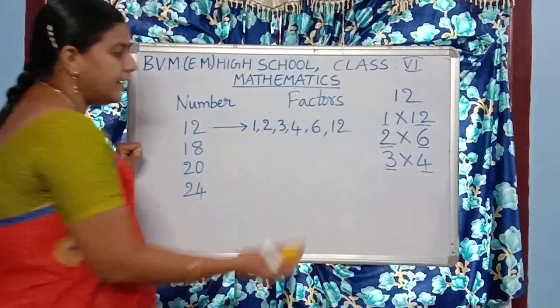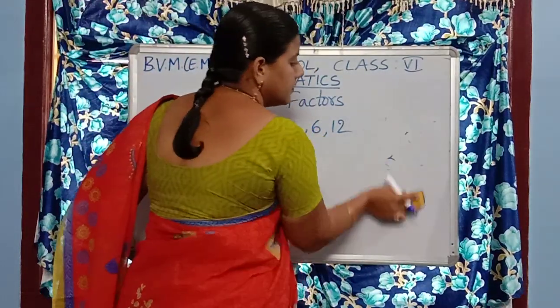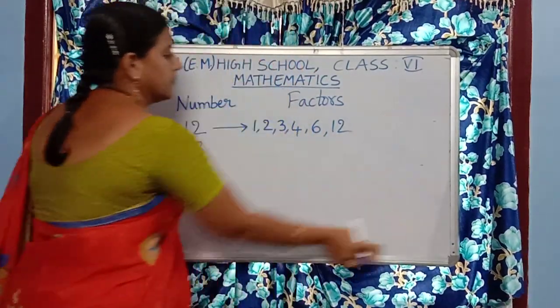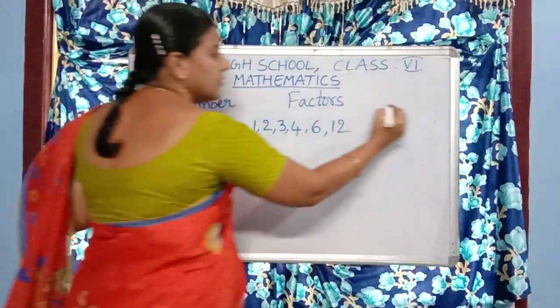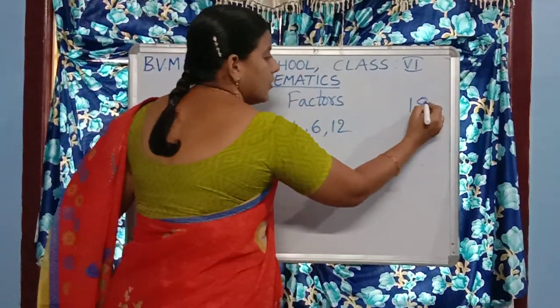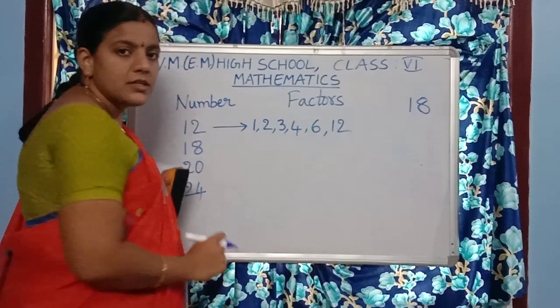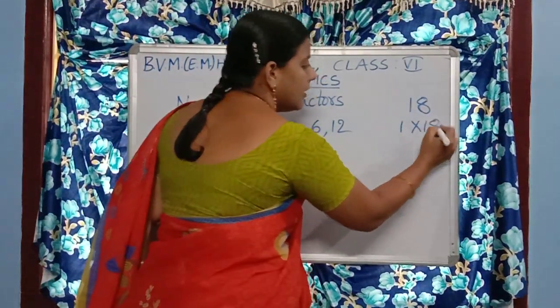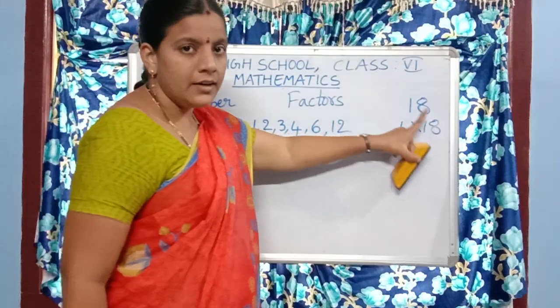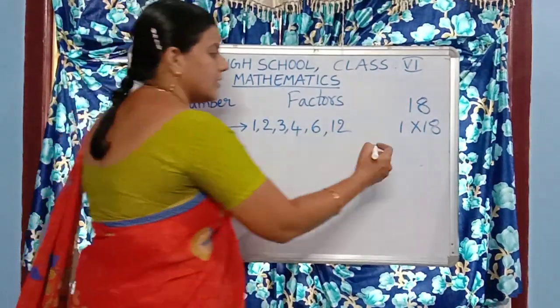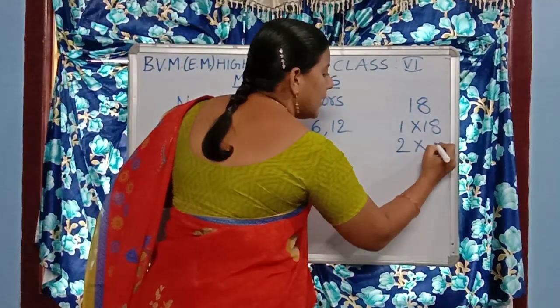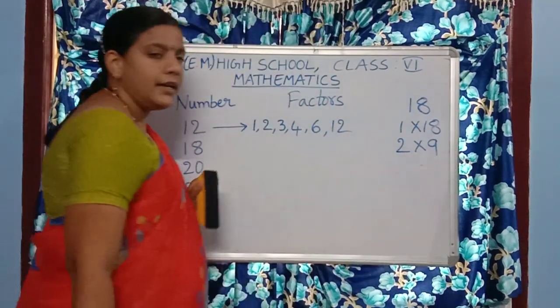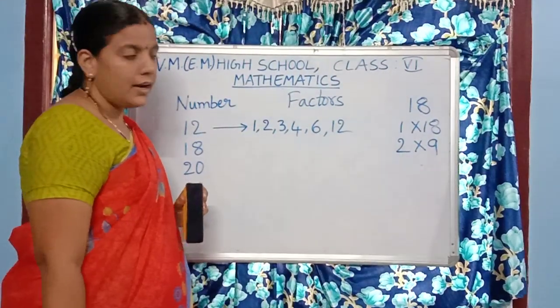Next, 18. Product of two numbers. First, 1 into 18, 18. Next, 2 nines are 18.